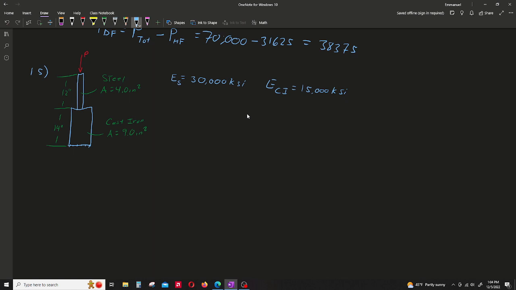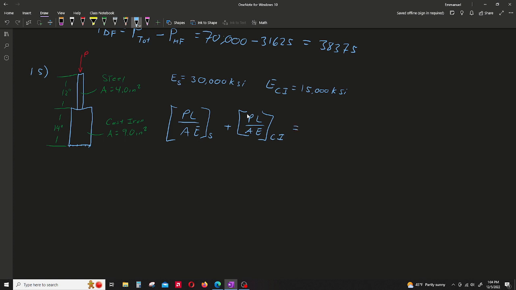Therefore we can use our equation here, PL over AE. We're trying to solve for P. We know L, we know A, we know E. Same for the cast iron. We know L, we know A, we know E. We're just trying to solve for P.